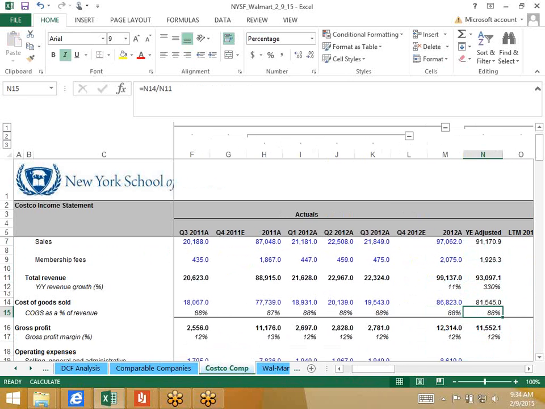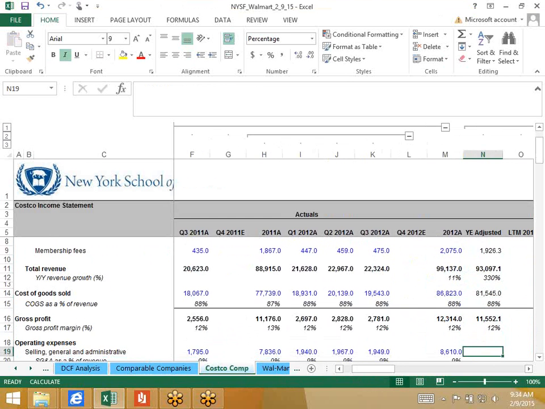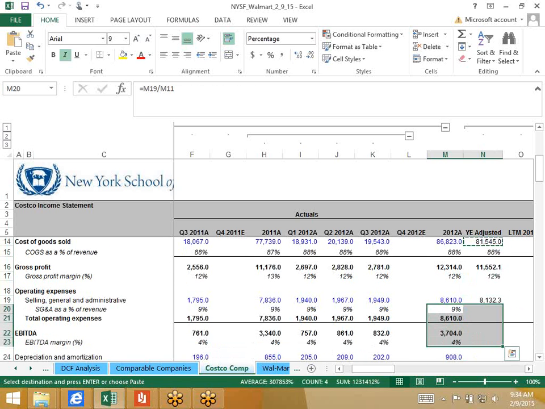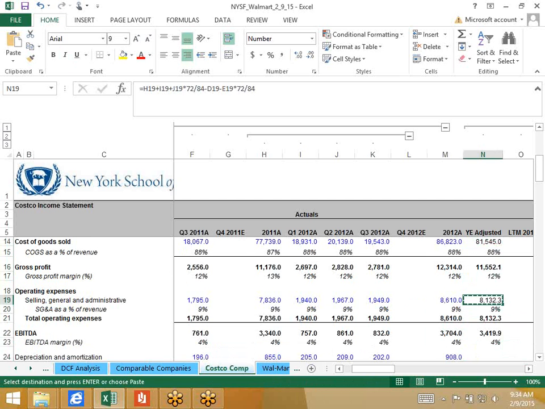So why don't you guys take a few minutes and let's try to match EBITDA. I'm going to go down real quick, but take your time. I'm going to copy the formula down for SG&A, and even depreciation. Oops, what did I do? I'm taking my 2011 column plus Q1 plus 72 over 84 of Q2, etc. Copy that down to depreciation.